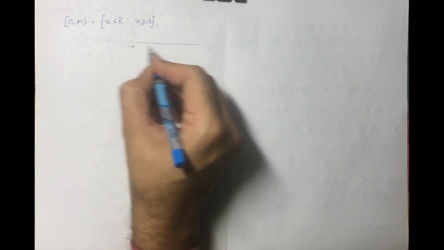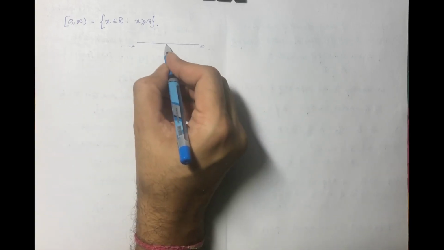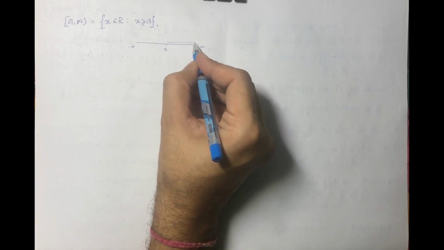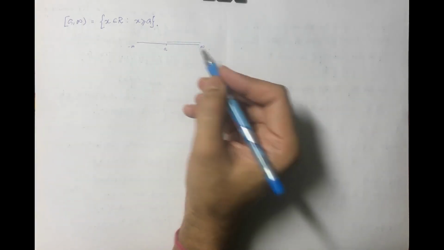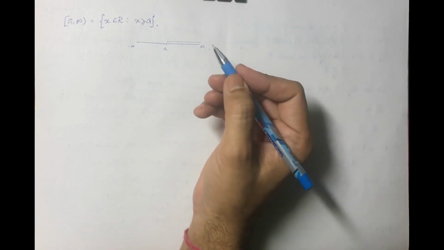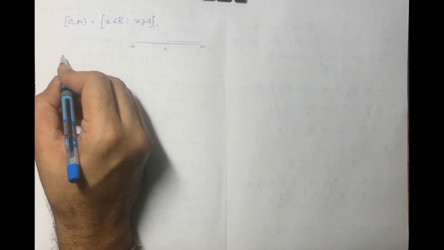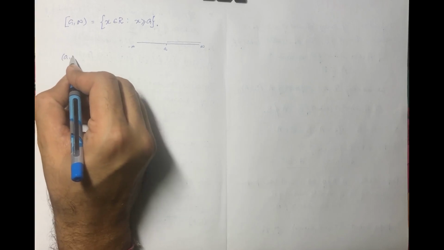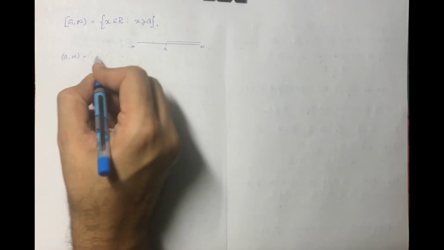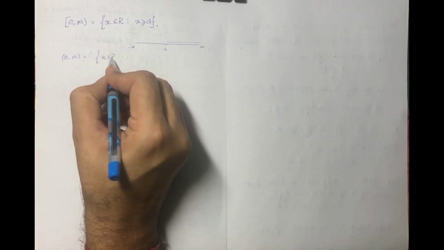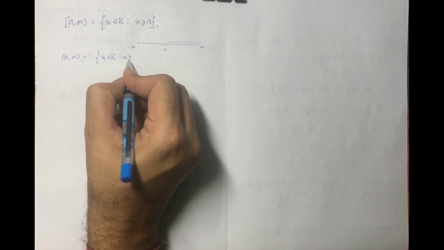This is minus infinity to infinity, and here somewhere let it is a. So all those points from a to infinity including a. So this is an infinite interval. Another way is a to infinity, open at a. So the only difference is here endpoint is not included. x is strictly greater than a.